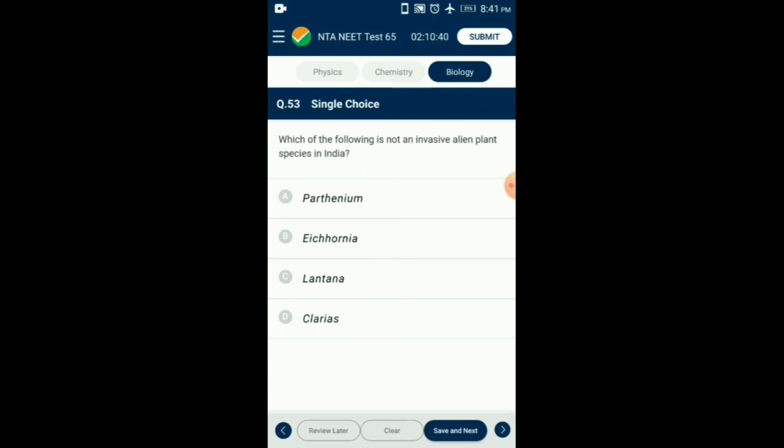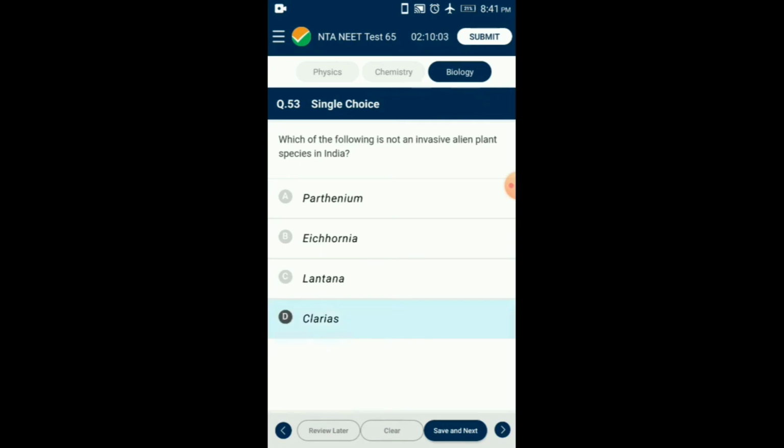The environmental damage caused and threat posed to our native species by invasive species like carrot grass, for example Parthenium, Lantana, and water hyacinth, Eichhornia. The recent illegal introduction of African catfish, Clarias gariepinus, for aquaculture purposes is posing a threat to indigenous catfishes in our rivers. So the answer is option D, Clarias.